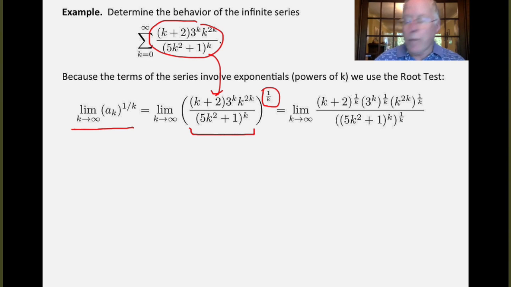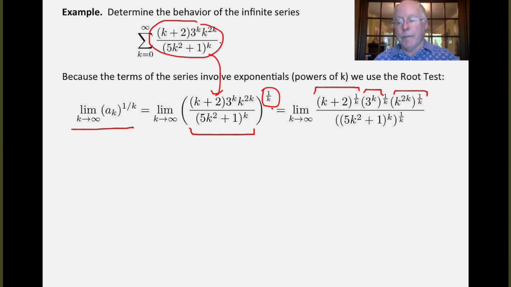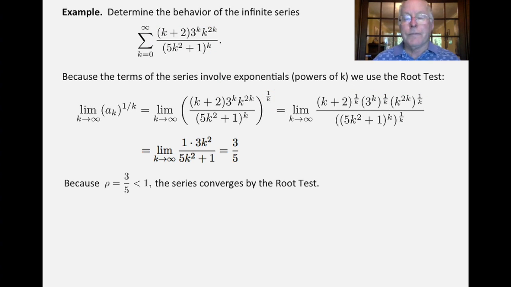Now, that kth root factors inside. So, for example, we can read this as the kth root of 3 to the k, which is 3, etc. So this 1 over k power factors into a 1 over k power on the k plus 2, on the 3 to the k, on the k to the 2k, etc. Remember, when you have an exponent of an exponential like this, you multiply the exponents together, and so we have the following result in the limit.